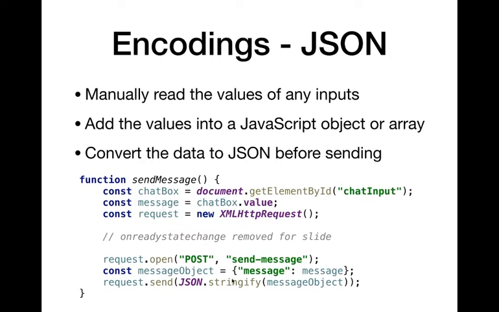I put it in JSON for this example. This one's simple enough. You'll see when I jump to the code, I actually did this without JSON. I just sent the message directly as the body of the request. But if we had more than one value here, I really want to throw that in a JSON object. That's the approach that I would take.